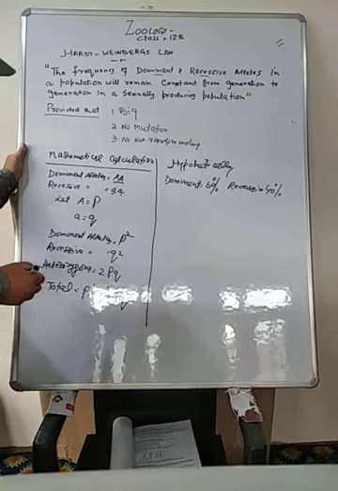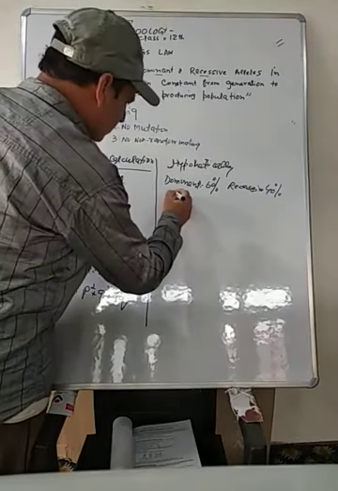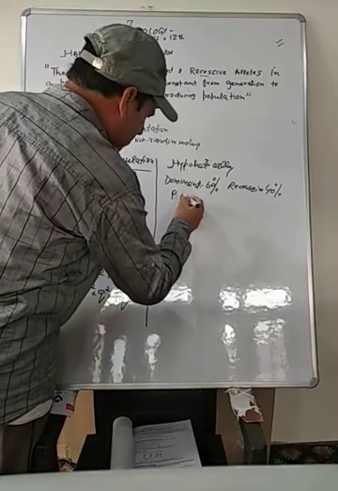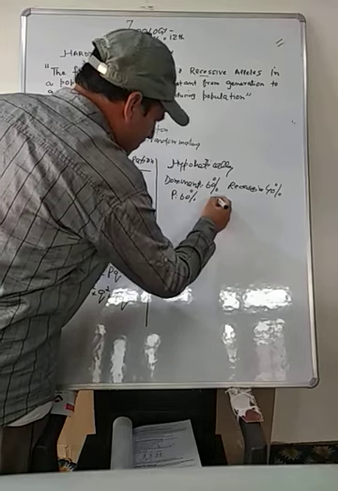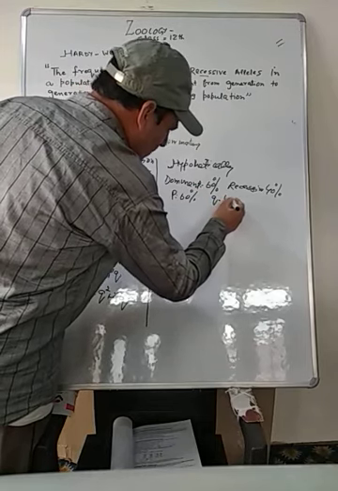That means P will be 60% and Q will be 40%.